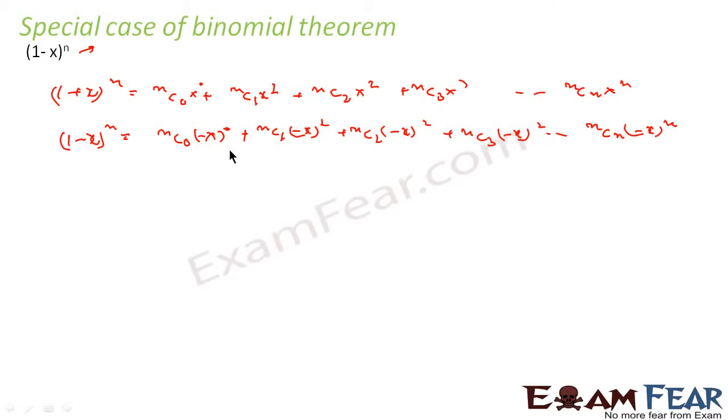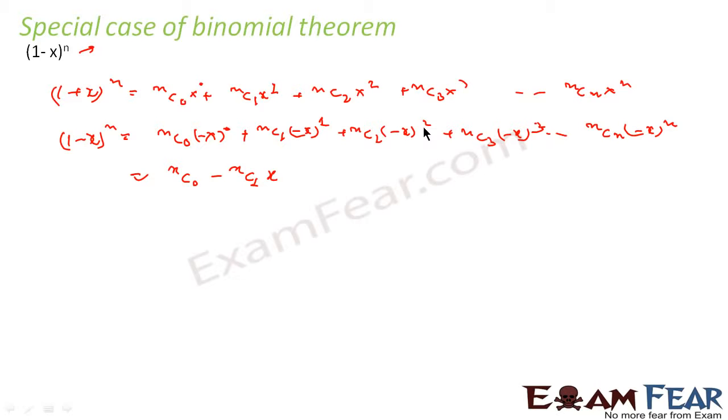So you observe here that all the even powers of minus x, minus x square, minus x to the power 4, minus x to the power 6, become positive. Minus x to the power 0 is equal to 1, so this becomes nC0. Minus x to the power 1 is equal to minus x, so it becomes minus nC1 x.